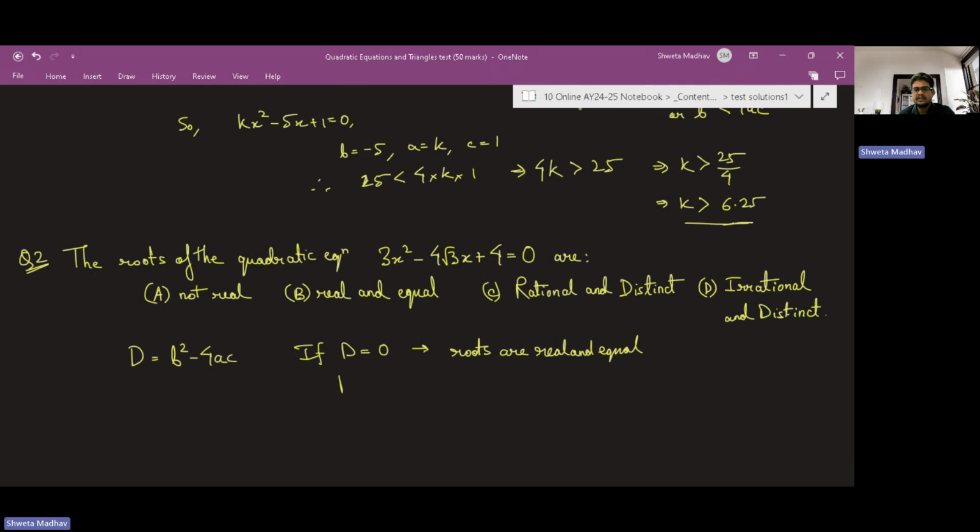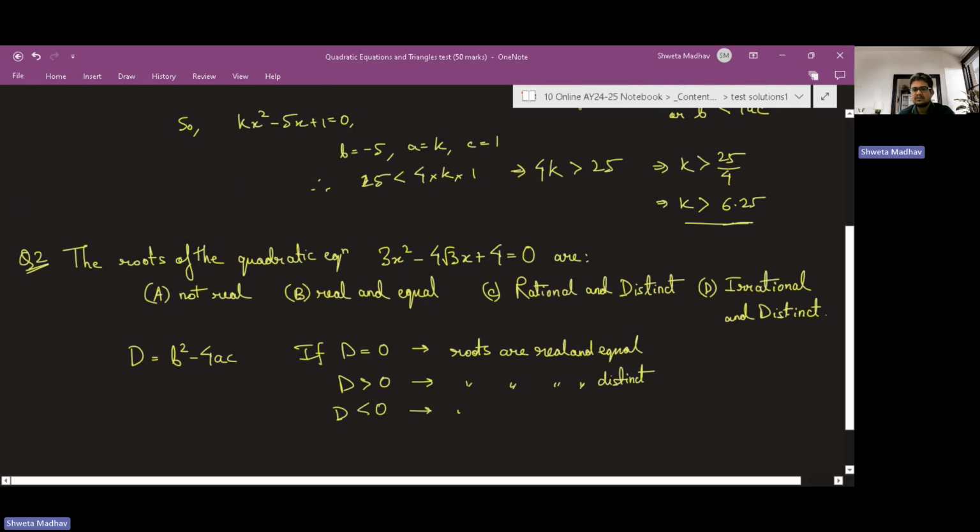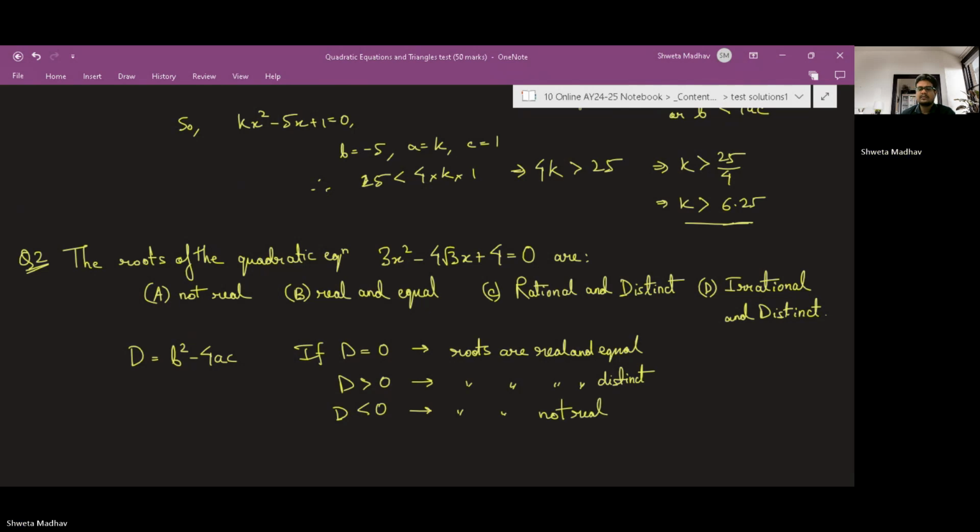And if d is greater than 0, then the roots are real and distinct. And if d is less than 0, then the roots are not real. So we have to check the value of d here.